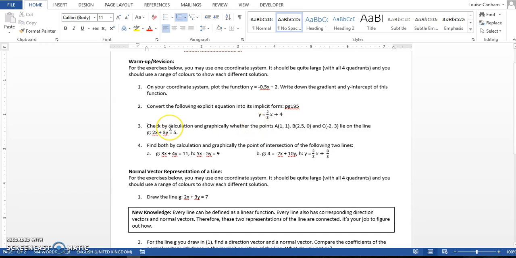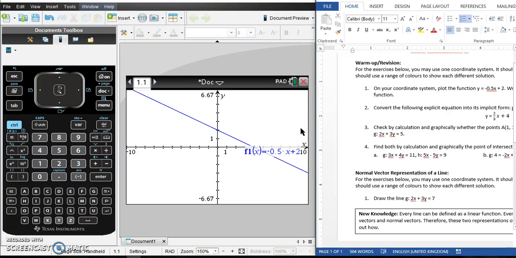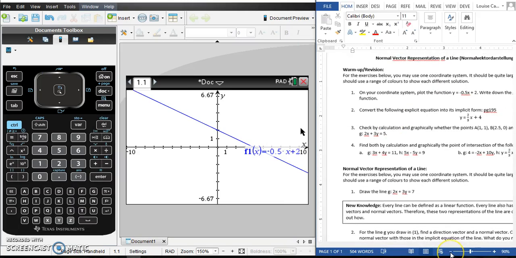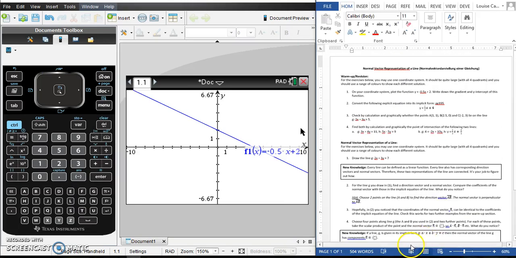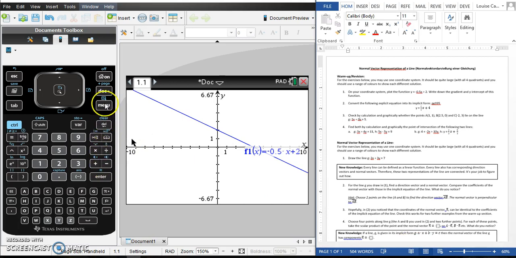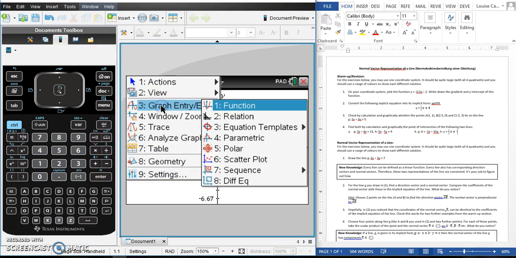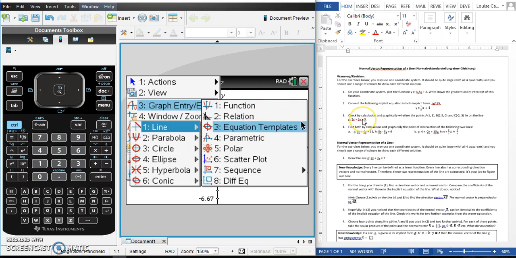Part 3 says check by calculation and graphically whether these 3 points lie on this line. So let's do this graphically first. So menu, graph entry, edit. And if I want to add in an implicit equation like this one, I can use some of the equation templates on the graphing application.